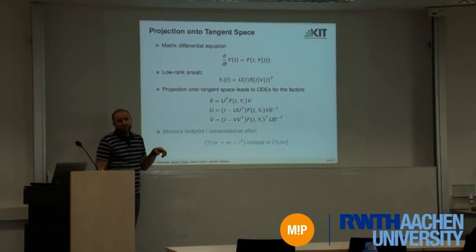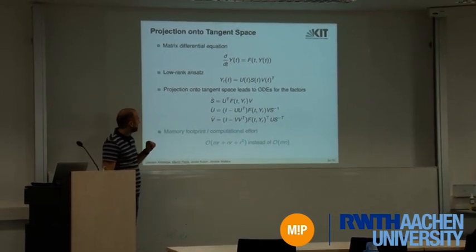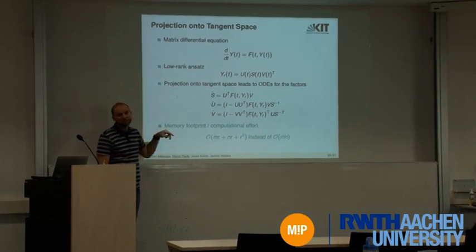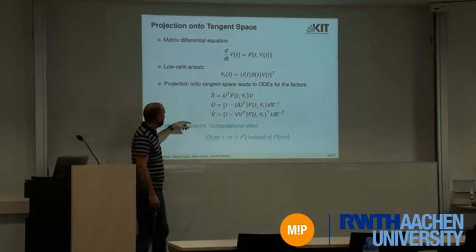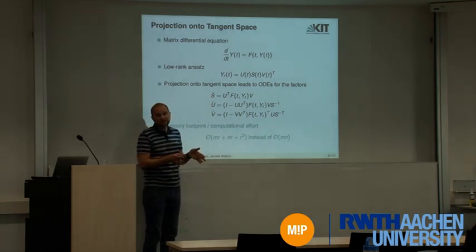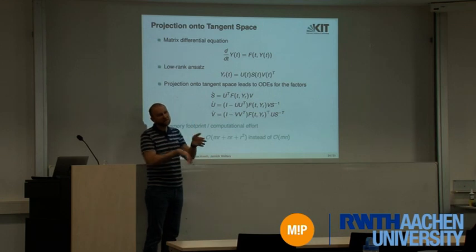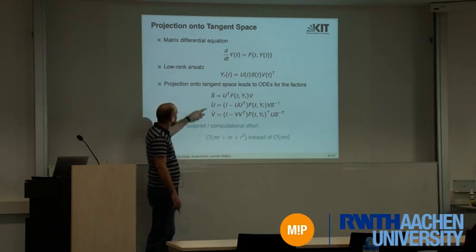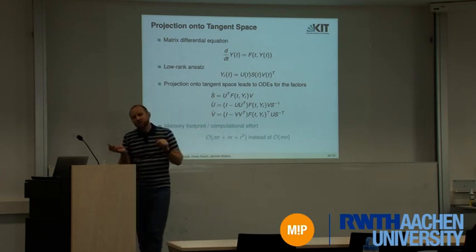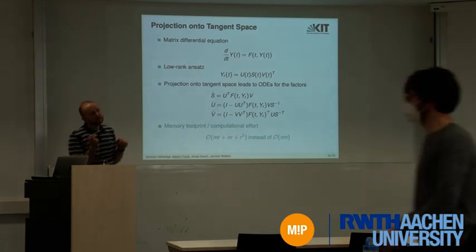The second point, from a more practical point of view, is a reduction in computational effort and, more importantly, in memory. Because if I look at these objects, the original object was of size m times n, so discretization times discretization. These objects here are much smaller. This is m by r, this is n by r, and one that's r squared. So I've turned something that's quadratic into something that's linear.